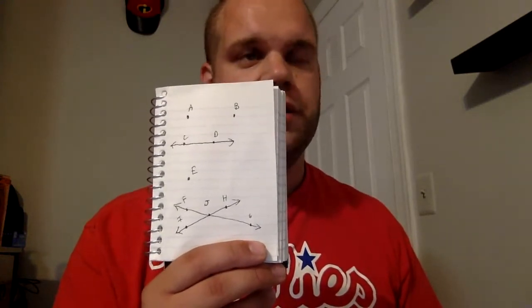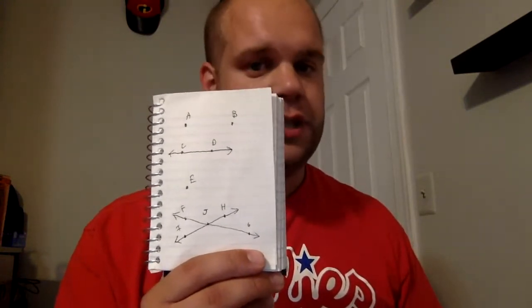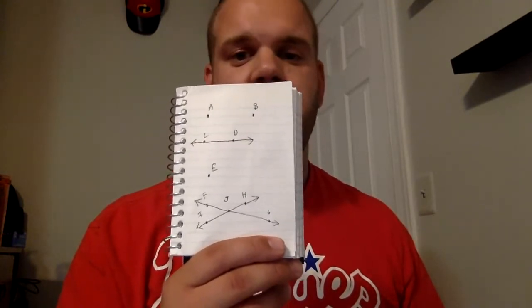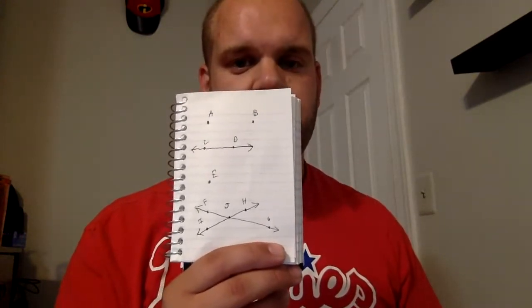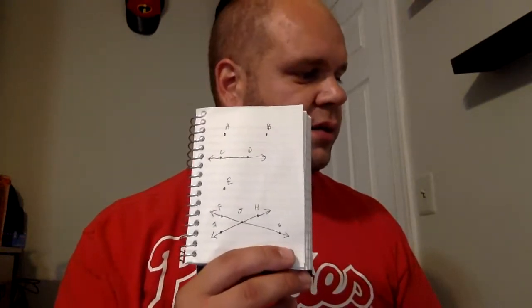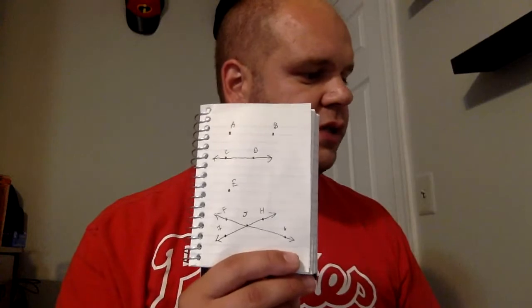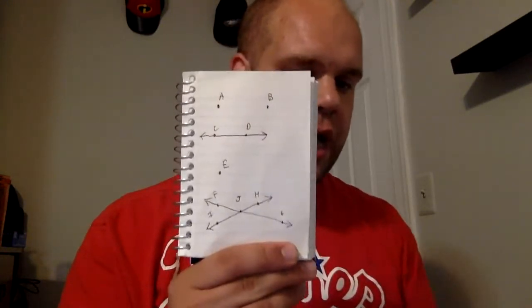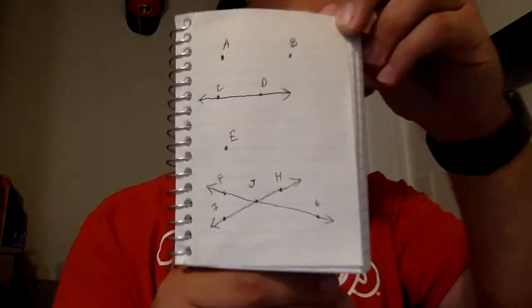They can also be intersections of planes. We'll get into that in just a minute or two. Lines intersect at a point. Planes intersect at a line. So on here, line FG and line IH intersect at point J. I don't know if you guys can see that at the bottom.